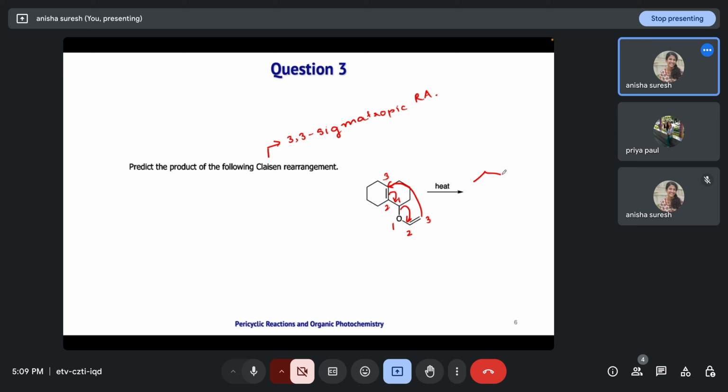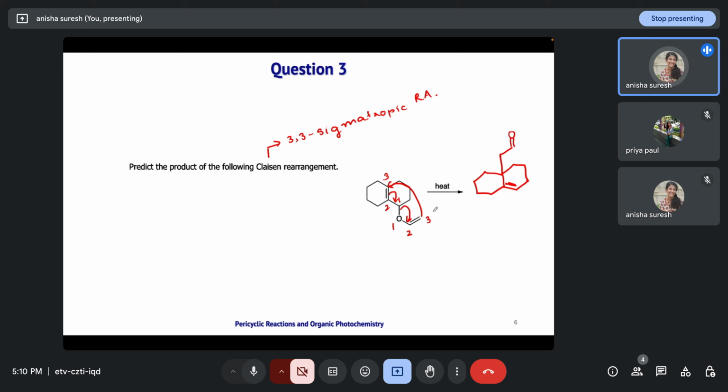The decalin system will remain as it is, and this whole group will shift to this carbon. So this will be 3, 2, 1, and a new bond will form here. A double bond will form here.